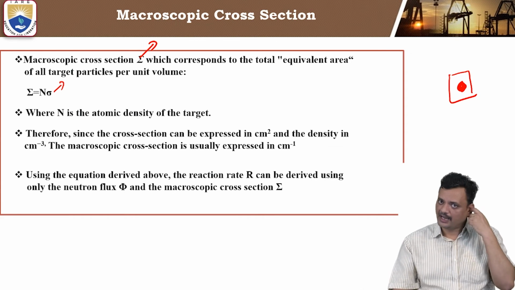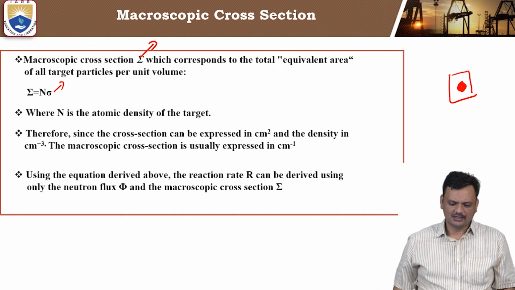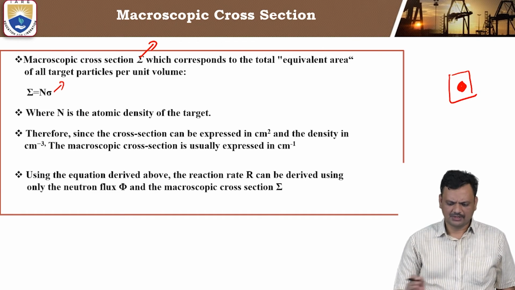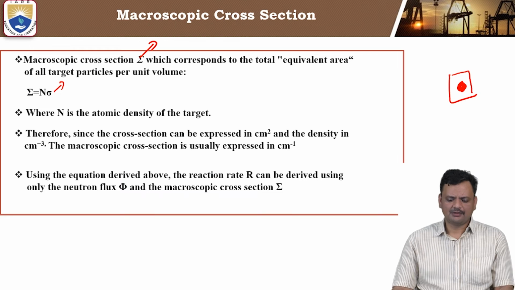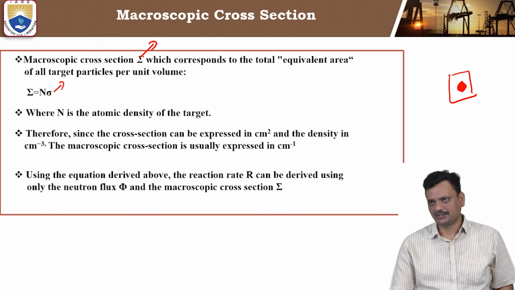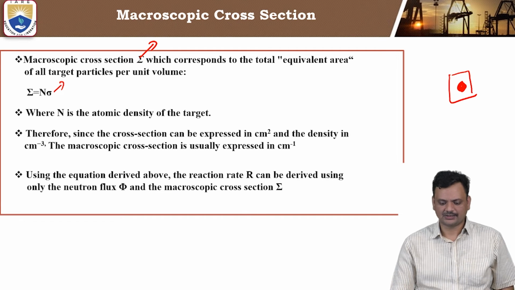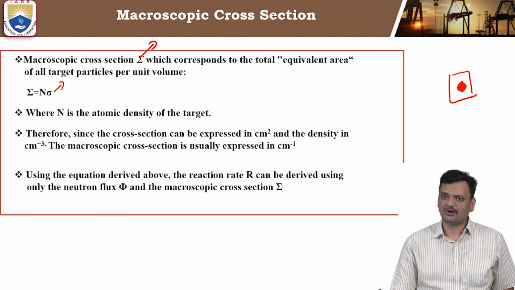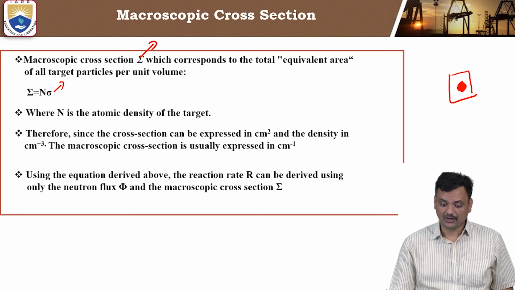Where N is the atomic density of the target. It is not very difficult. Therefore, the nuclear or neutron cross section can be expressed in terms of barn, which is equivalent to 10 to the power minus 22 centimeter square.